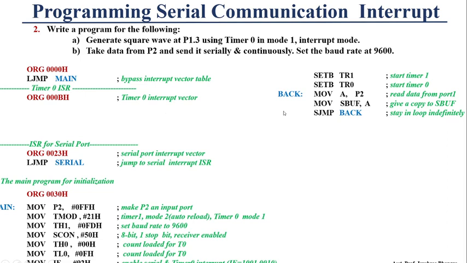While doing this, when an interrupt is generated, suppose the last character of that data is transmitted, then the TI flag will be raised and the serial interrupt is generated. So the microcontroller will jump to the serial interrupt, here at address 0023H, where it will again LJMP to the serial subroutine.